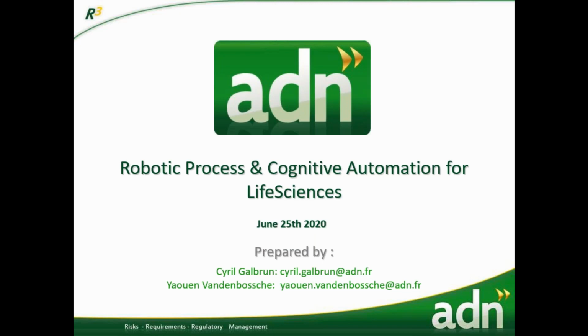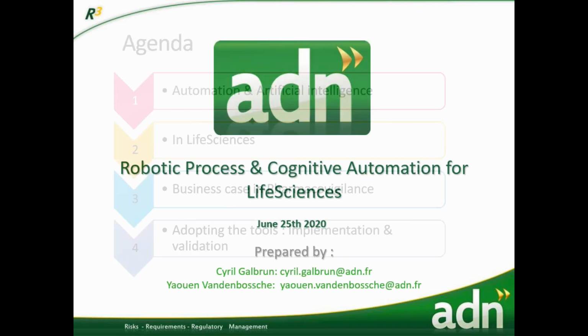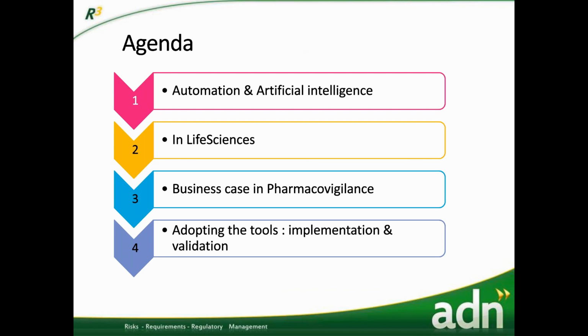Okay. Hello everybody. Welcome to our webinar on robotic process and cognitive automation for life sciences. Today's agenda is, as Philippe just said, an introduction to what automation is and what artificial intelligence is, and how they have already started to be implemented and thought about in the life sciences.